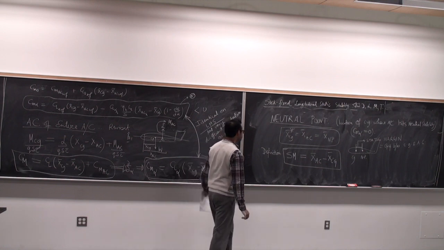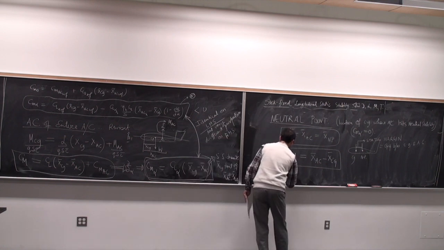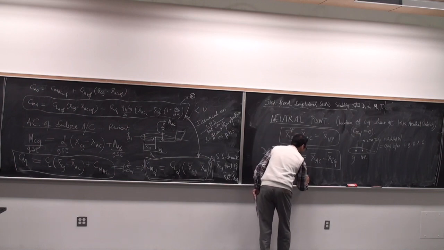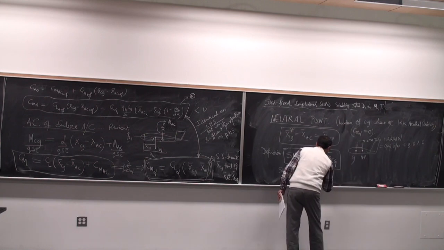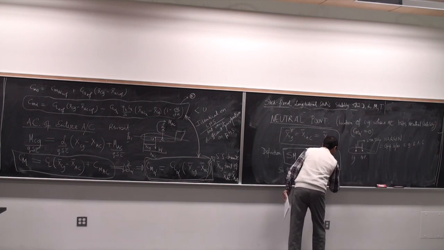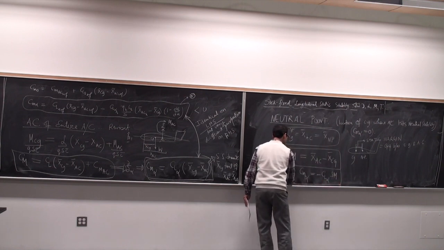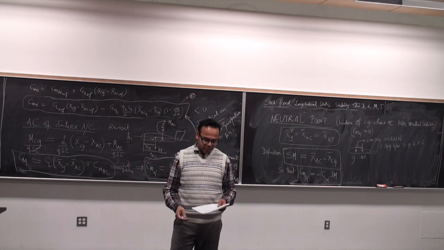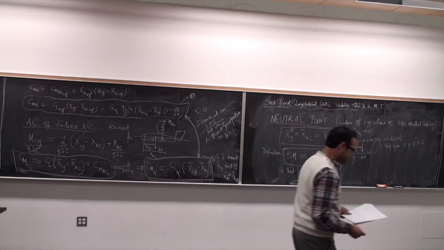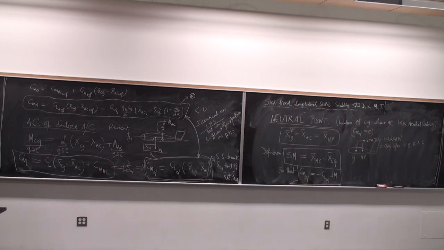So that CM alpha can be written as CL alpha minus CL alpha times static margin. So if you have positive static margin, the aircraft is statically stable. That makes sense.